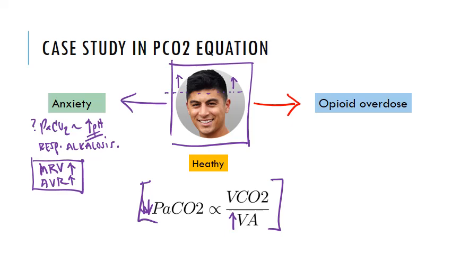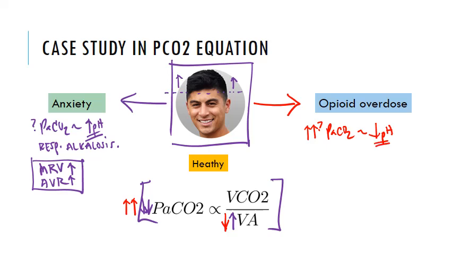But with an opioid overdose, this will reduce his respiratory center, his respiratory drive, to reduce his ventilation rate. And how this will impact his PaCO2 is to make it rise substantially. So his PaCO2 will rise as he is not ventilating his healthy alveoli, and this is going to reduce his pH.